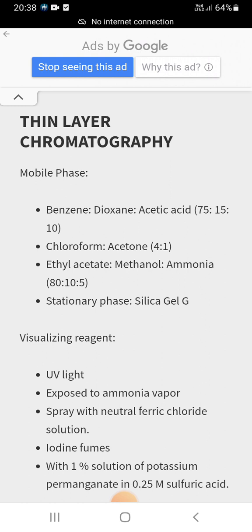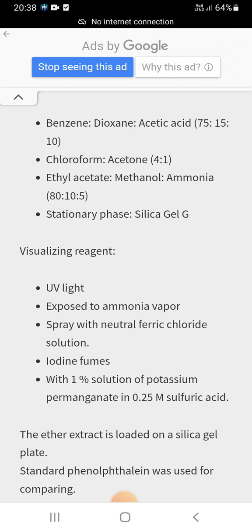In thin layer chromatography, the mobile phase used in cases of phenolphthalein can be chloroform-acetone in 4:1 ratio or another mobile phase. Silica gel G can be used as the stationary phase, and the visualizing agent can be UV light, ammonia vapor, or iodine fumes.